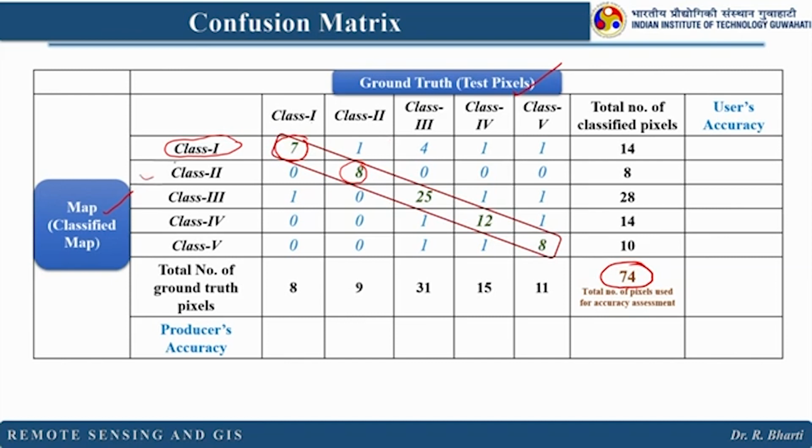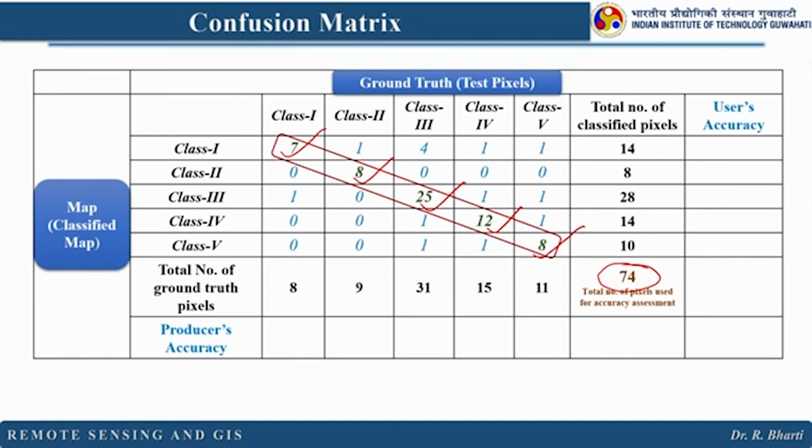Here class 3 is 25, class 4 is 12 and class 5 is 8. So, basically what it means is, out of 74, these are the pixels which have been correctly classified by your classifier, the rest are wrong, right.